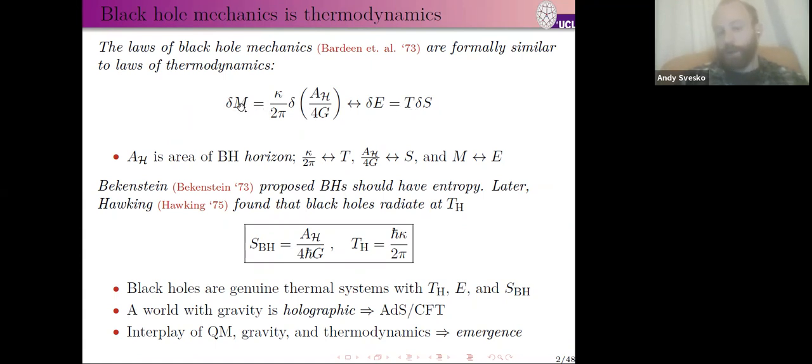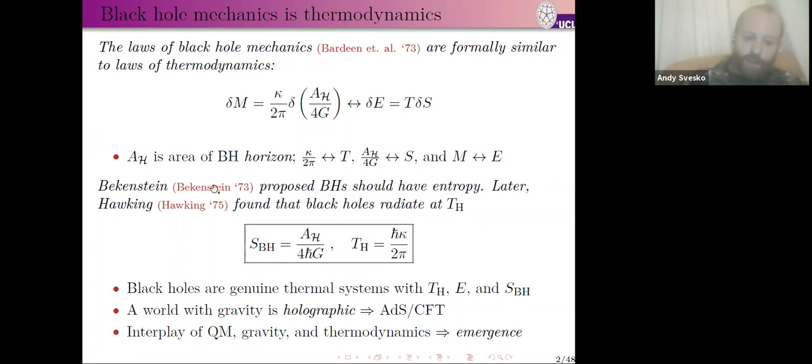This is apparent when you identify the mass of the black hole with the internal energy, the surface gravity kappa with the temperature, and the area of the event horizon of the black hole with the entropy. And Bekenstein took this analogy seriously, and using thought experiments, proposed that black holes should actually have a genuine thermodynamic entropy. This was later verified by Hawking, who found that black holes radiate at a temperature proportional to this surface gravity.